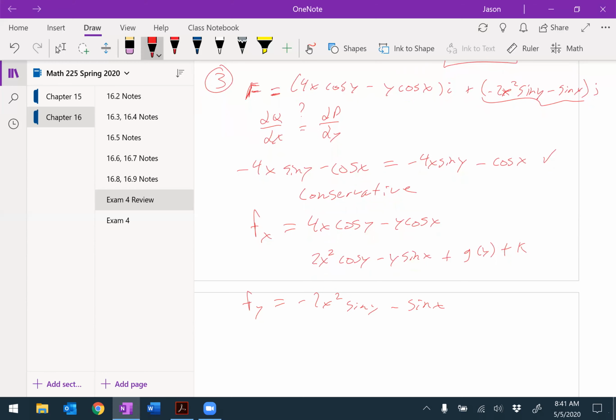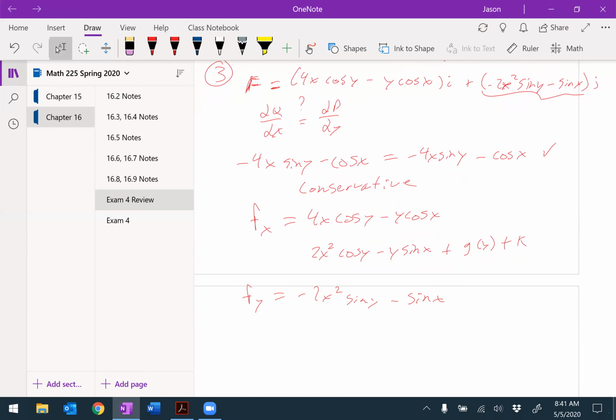Let's integrate this with respect to y. The negative 2x squared is a constant. The negative becomes a positive, because when we integrate sine, we go back to negative cosine. So that becomes 2x squared cosine y minus y sine x, because the sine x is just a constant, so we get the extra y there. Plus, I'm just going to put a g of x plus k.